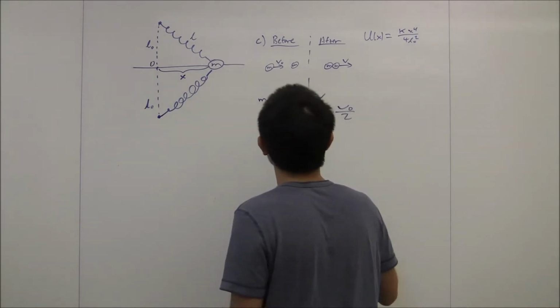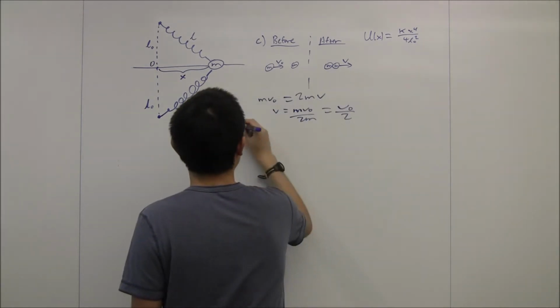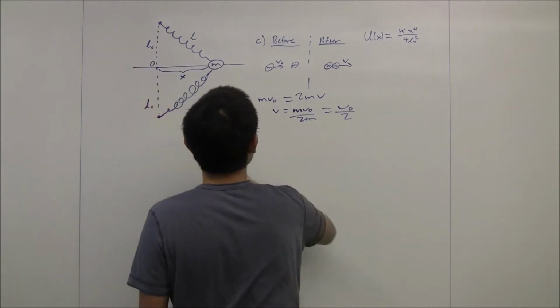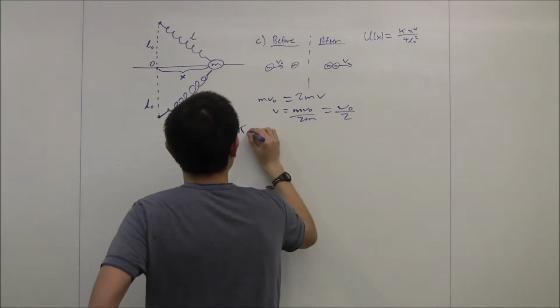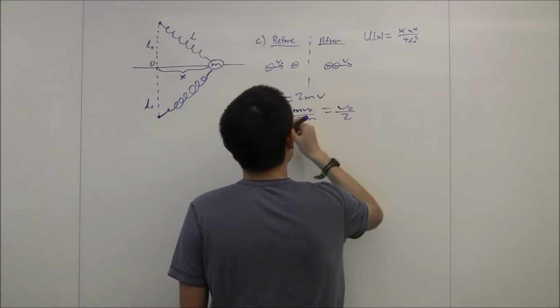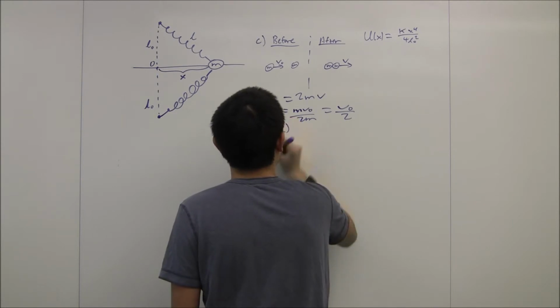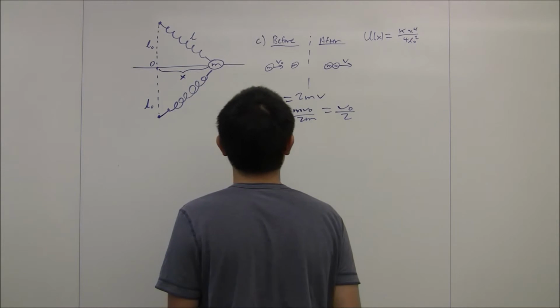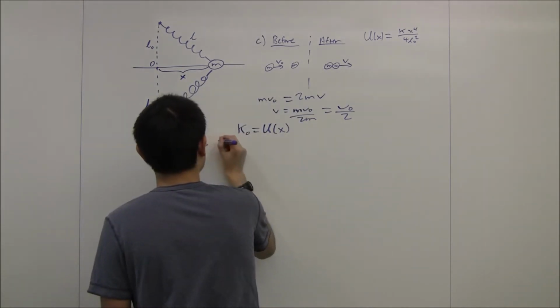So this means that the kinetic energy at x equals 0, let's call it K0, is going to be equal to the potential energy at the value of x for which the two beads come instantaneously to rest. So let's figure out what K0 is.